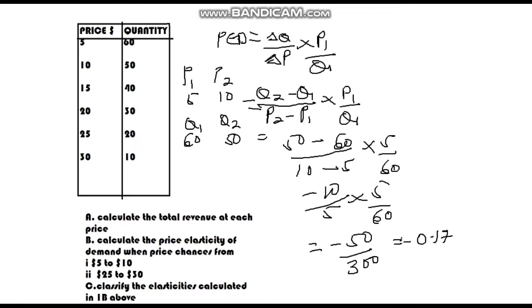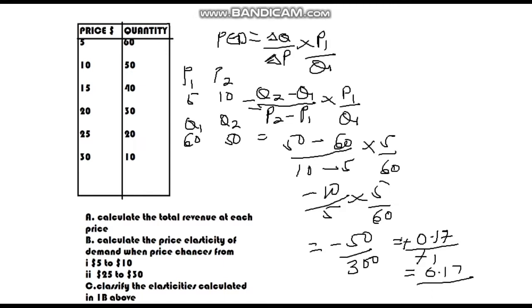So the first one, we are getting negative 0.17. But in economics, when you come to price elasticity of demand, we don't deal with negative. So you divide here by -1, and this negative will cancel this negative. So you are going to get 0.17 divided by 1, the same as 0.17.